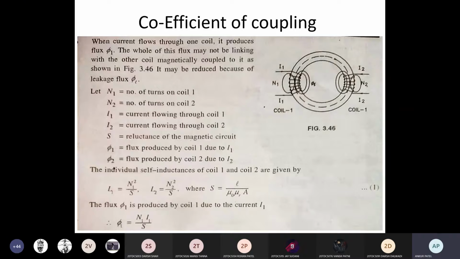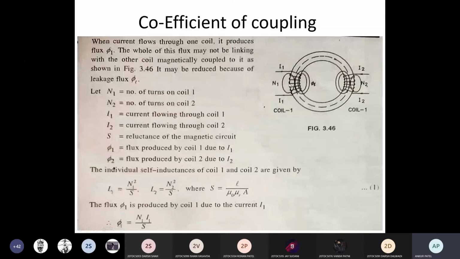Coefficient of coupling. When two coils are linked, how much magnetic flux is shared is called the coefficient of coupling. Coupling is nothing but how much both coils are connected by magnetic flux. It is denoted by K, and the K value lies between 0 and 1.